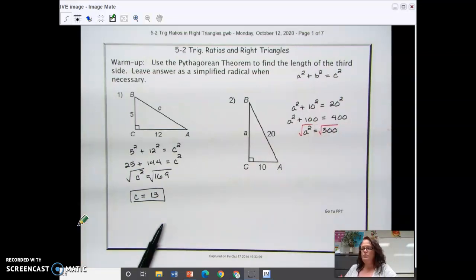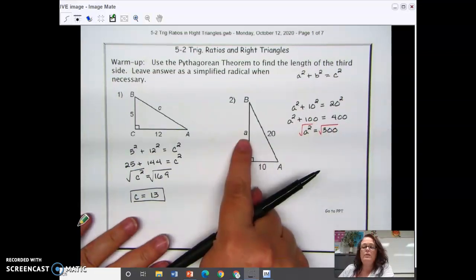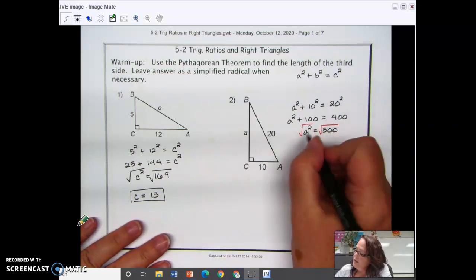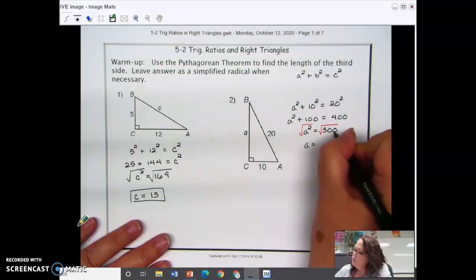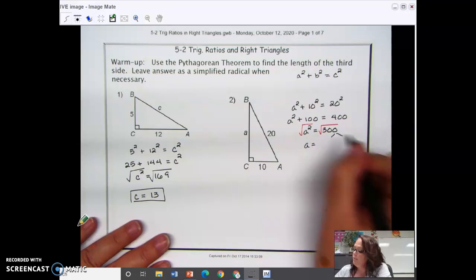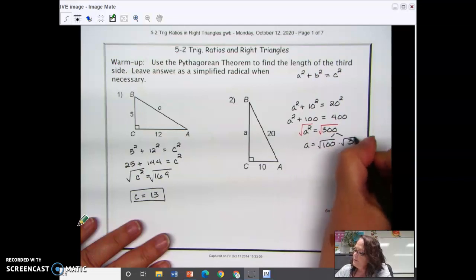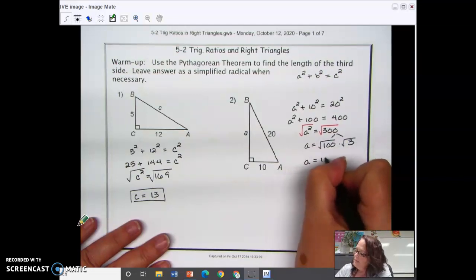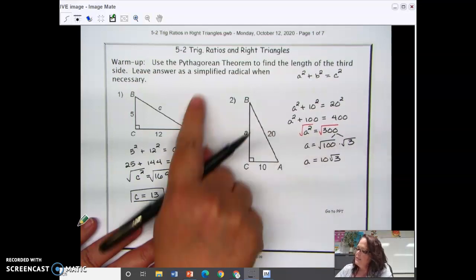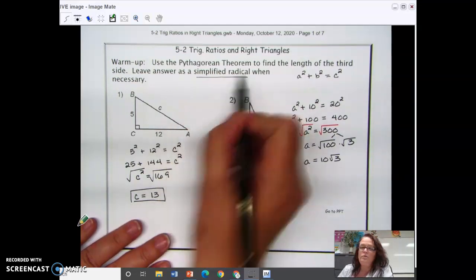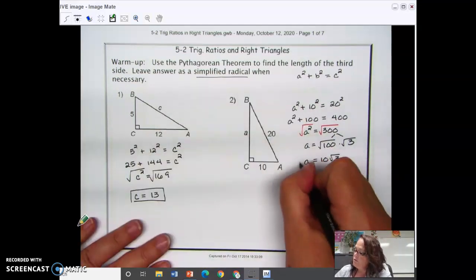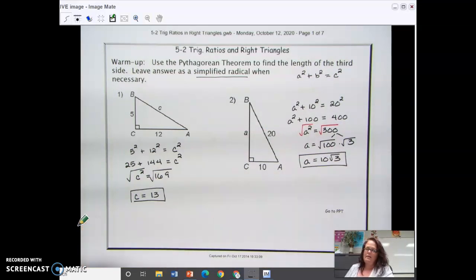Again, I don't have to worry about plus or minus because we're looking for the length of the side of the triangle. So a is equal to the square root of 300, and notice that 300 has a perfect square in it, which is 100. So it's 100 times 3, and that means that a is equal to 10 root 3. Notice it did say we wanted a simplified radical, not a rounded answer. So the length of that side is 10 root 3.